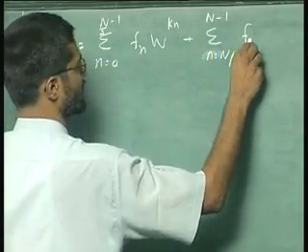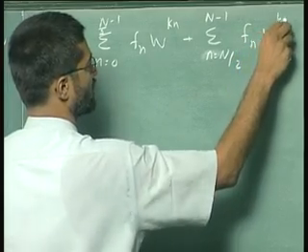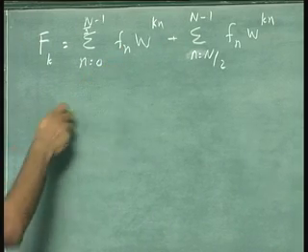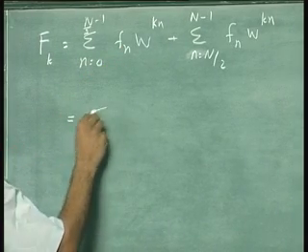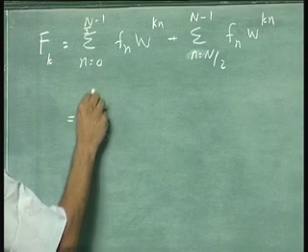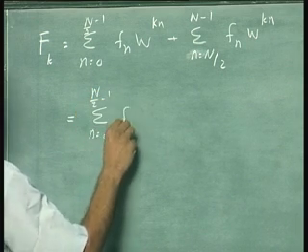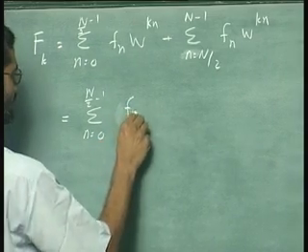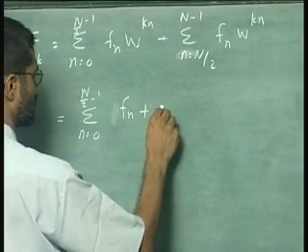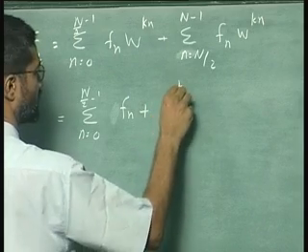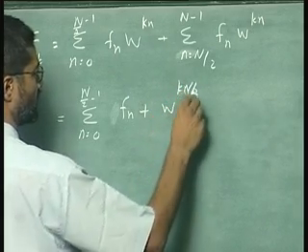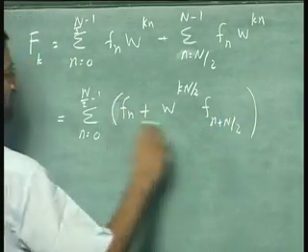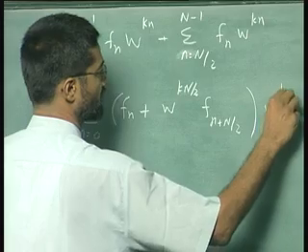We said I can write it as f(n) W^(kn). I just split that Fourier sum into two, and then we made a change of variable, and we got this now as sigma n going from 0 to N by 2 minus 1. I can write it as f(n) plus W to the power k N by 2 into f(n + capital N by 2), into W^(kn).